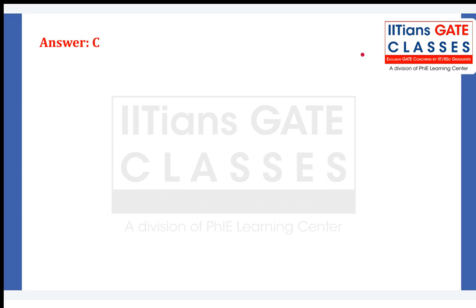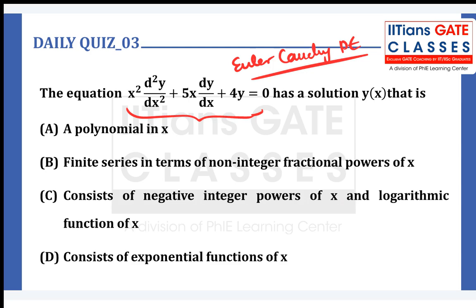And the standard way to solve this kind of differential equations is to put x equal to e power t. It is a standard substitution that we do. We have done this in our regular classes on multiple occasions. And then you solve. Before that, let's write this ODE once again here.